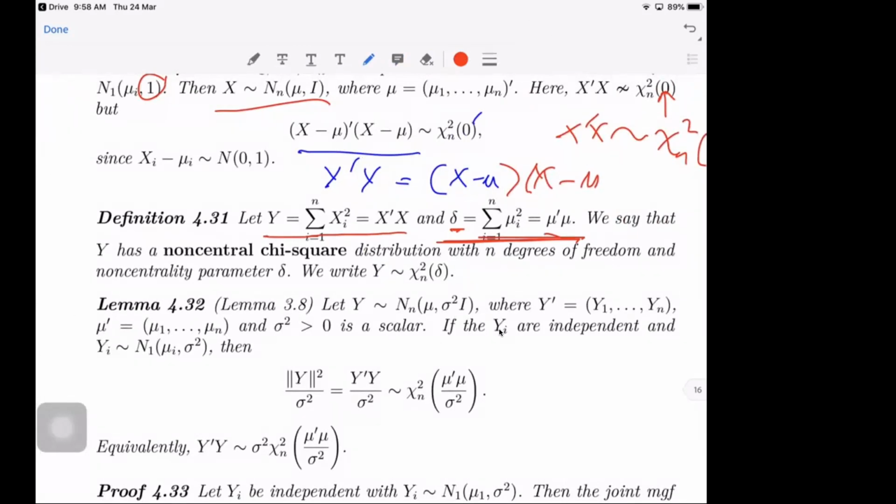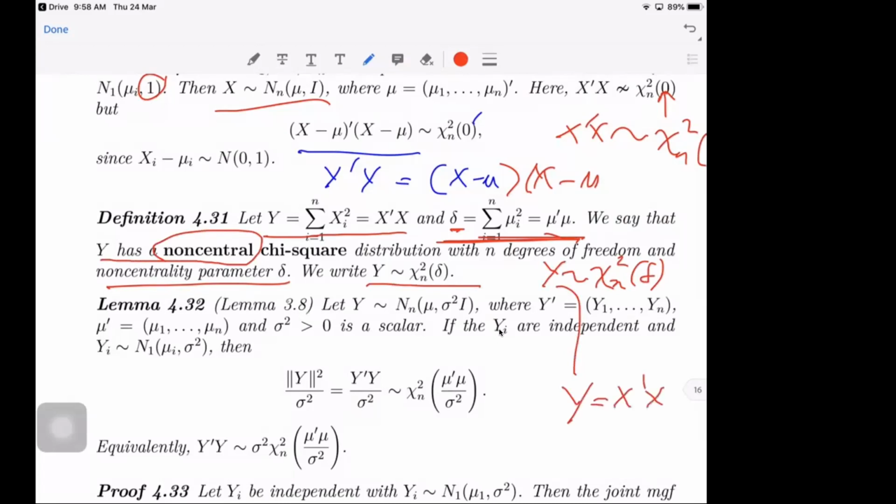Then we say that y has a non-central chi-square distribution with n degrees of freedom and non-centrality parameter delta, and we write it this way. So we have two cases: y is central on the condition that x is standard normal, 0, 1.